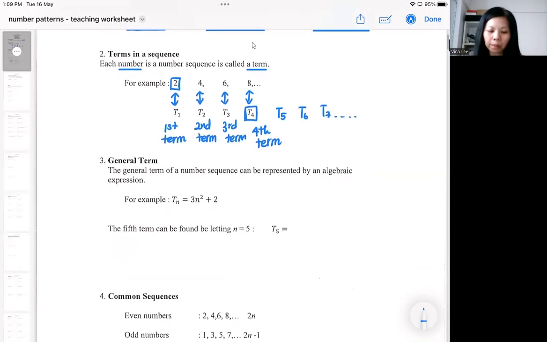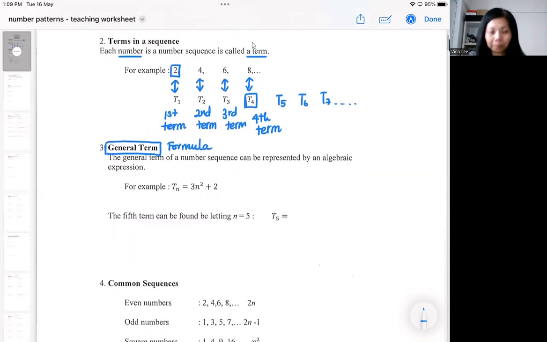There will be something called a general term. The general term is like a formula. It's the formula that generates those numbers. So I can show you an idea. For example, this is the general term, or sometimes we call it the nth term. It is a formula.